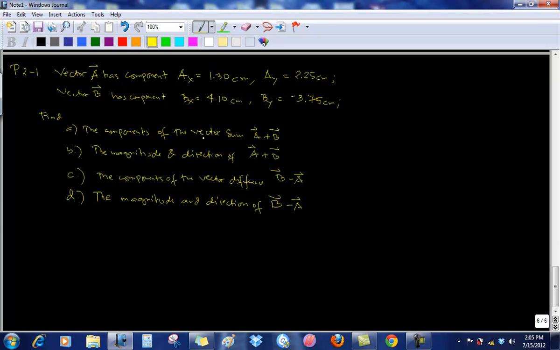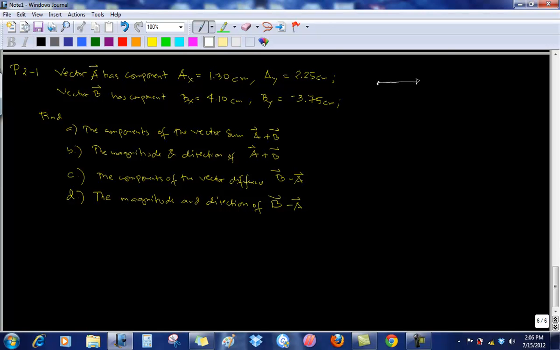In vector notation, the vector is divided into its components. In this case, we have two components, one along x and one along y. So for vector A, AX means 1.30 cm to the right, in the direction of x.